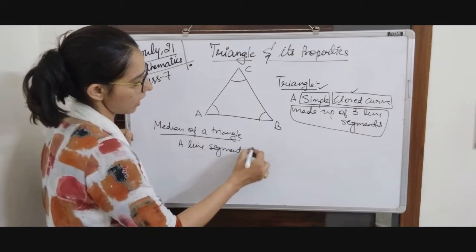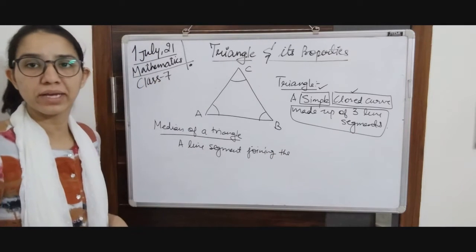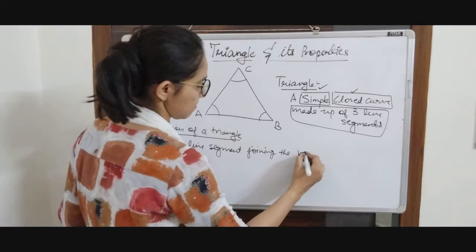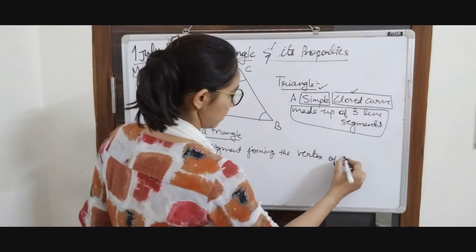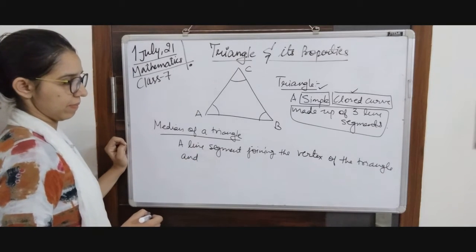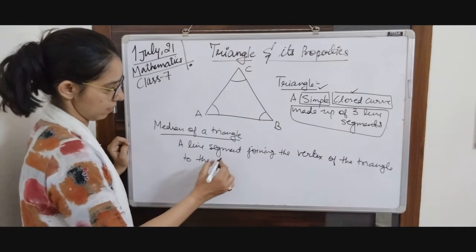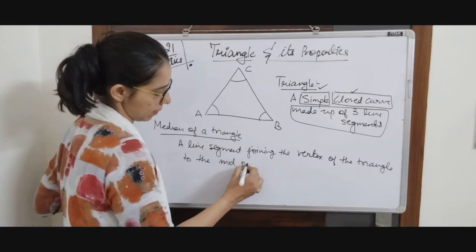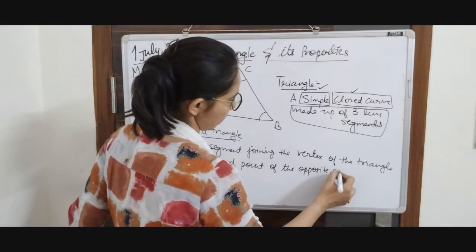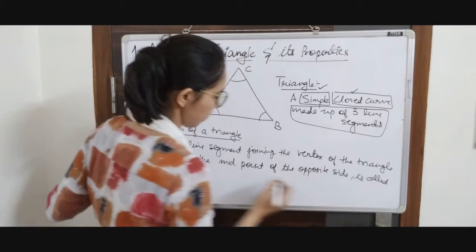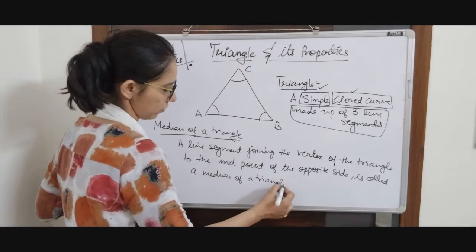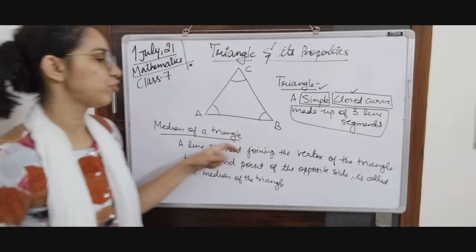It is a line segment joining the vertex of a triangle to the midpoint of the opposite side. Okay, a line segment joining the vertex of a triangle.